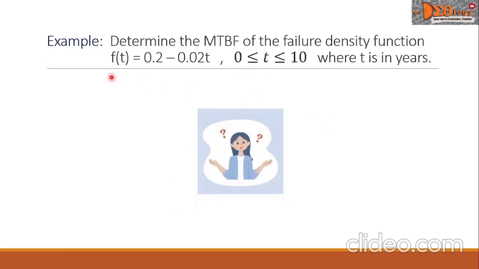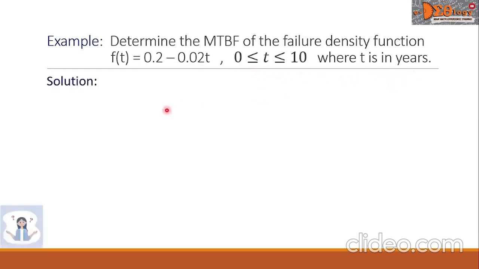Let us see this example. Determine the MTBF if the failure density function f of t is equal to 0.2 minus 0.02 t, where t is between 0 and 10, where t is in years. Let us write our formula for the MTBF.